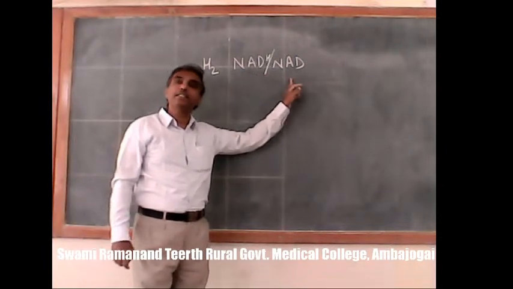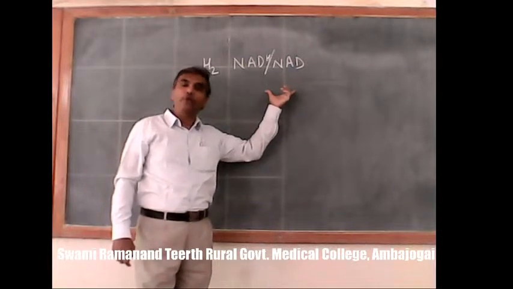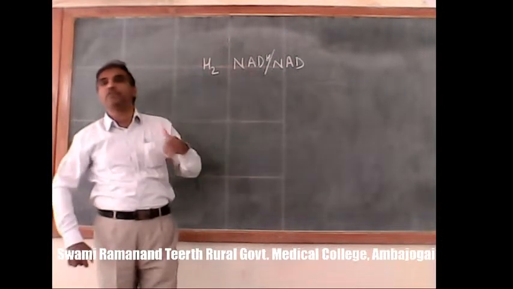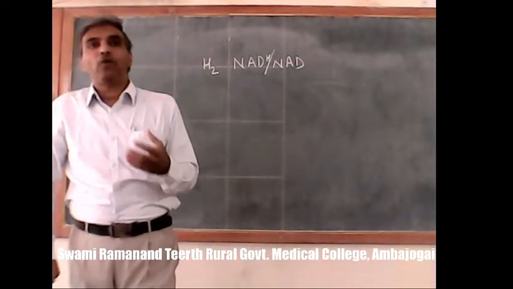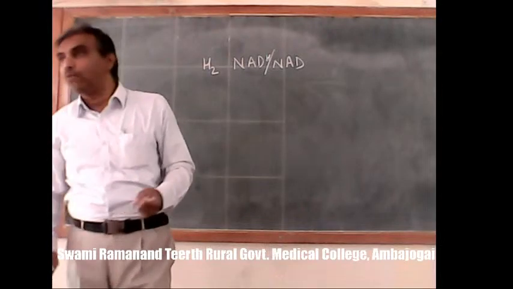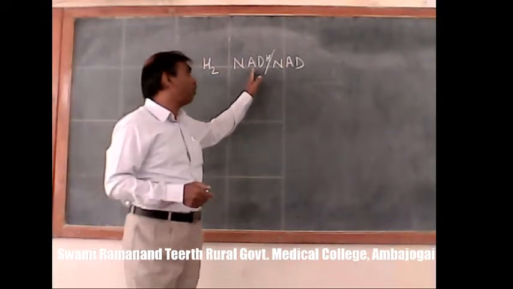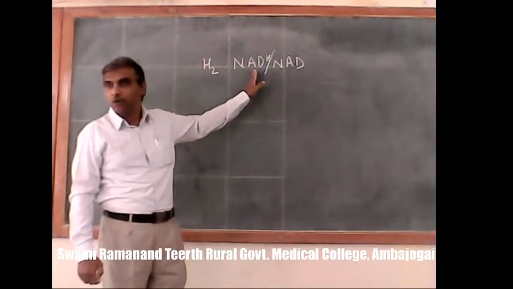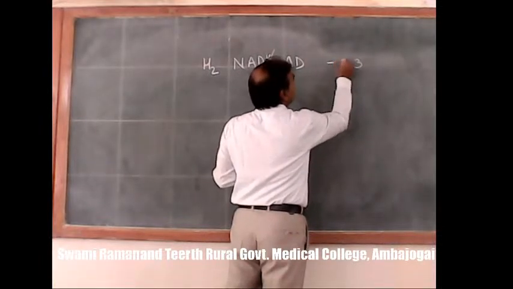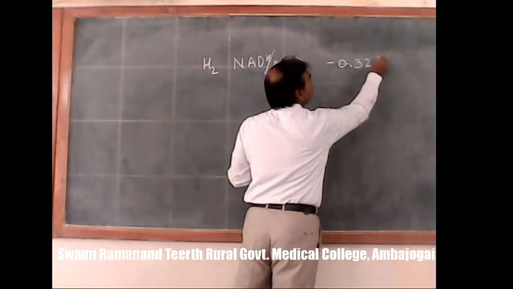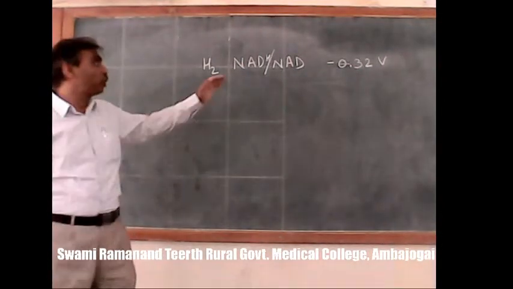Whenever it is oxidized, it is NAD. Because we know that while oxidizing various substrates in our body, in glycolysis or the TCA cycle, or in beta oxidation of fatty acids, there is formation of NADH. This has around minus 0.32 volts of redox potential.